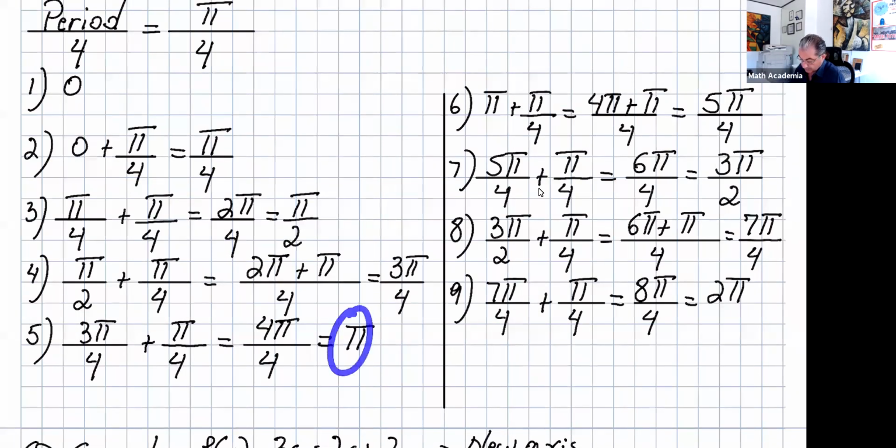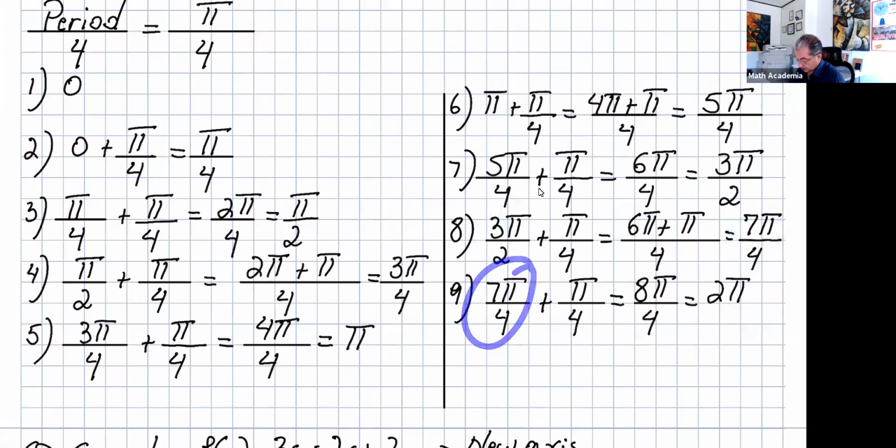So pi plus pi over 4 is 5 pi over 4. 5 pi over 4 plus pi over 4 again is 6 pi over 4, which is 3 pi over 2. 3 pi over 2 plus pi over 4. Again, I showed the LCD one more time. 2 goes into 4. 2 times 3 is 6. So 6 plus pi is 7 pi over 4.